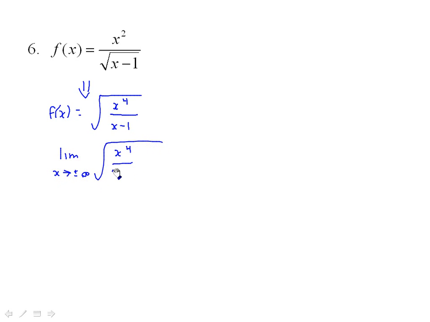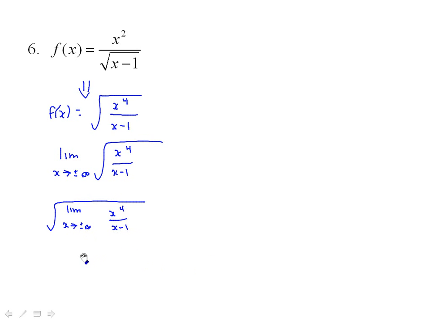Now you can handle this a number of ways. Some people like to take the square root outside. Others just mentally keep track of it. But what's going to happen within that expression, x to the 4 over x minus 1?